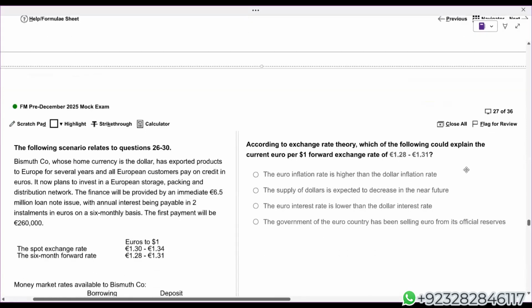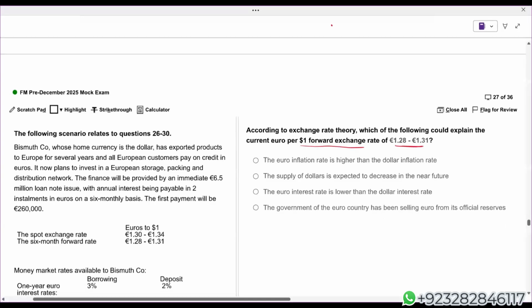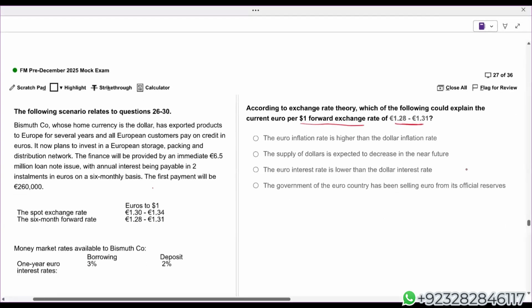According to the exchange rate theory, which of the following could explain the current euro $1 forward exchange rate? Let's come in. Student, look at the spot rate first.